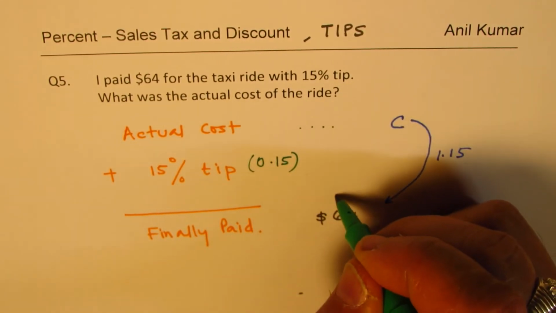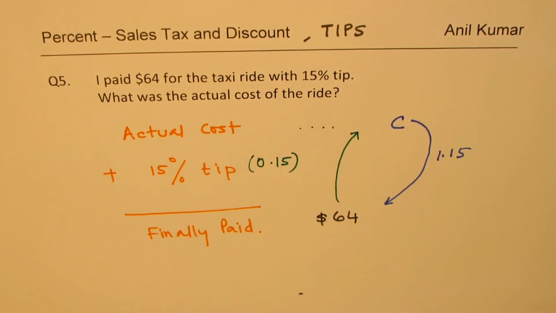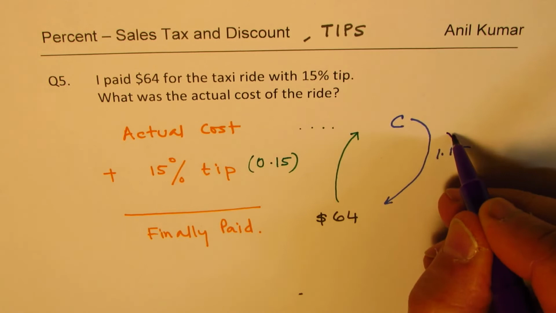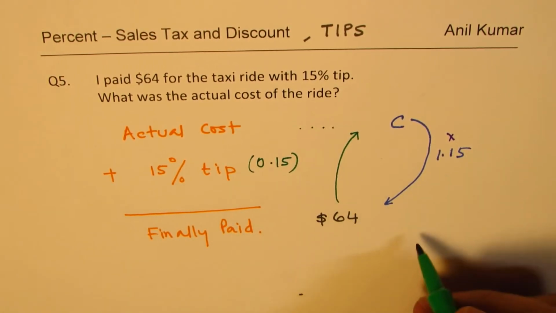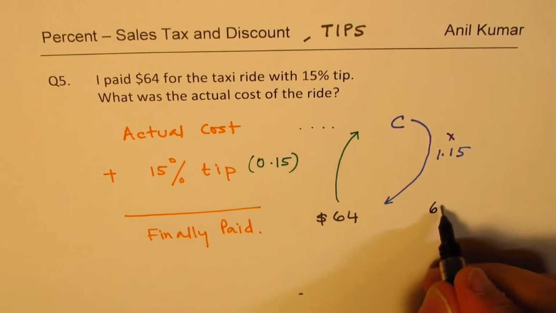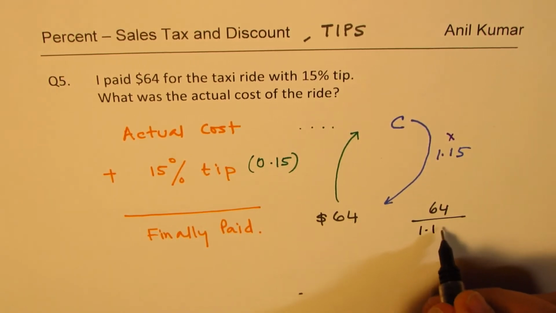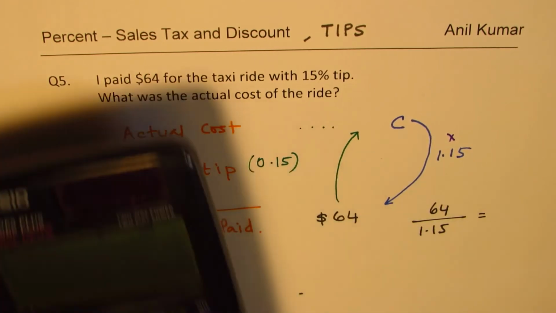So if you have to go backwards, what should you do? We multiply to come in this direction, right? So to go backwards and to get to the cost, we should divide, right? So what we should do here is we should divide 64 by 1.15 to get our answer. So if I do that, what do I get?